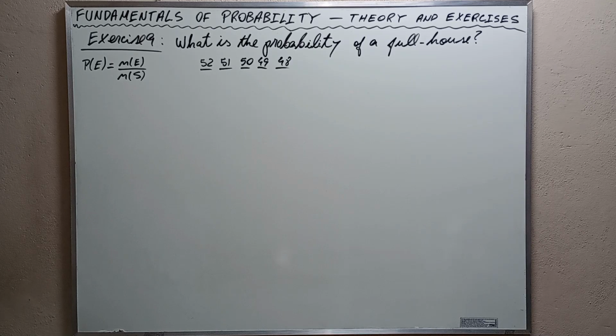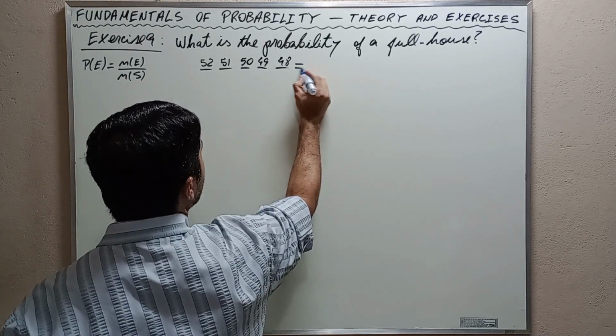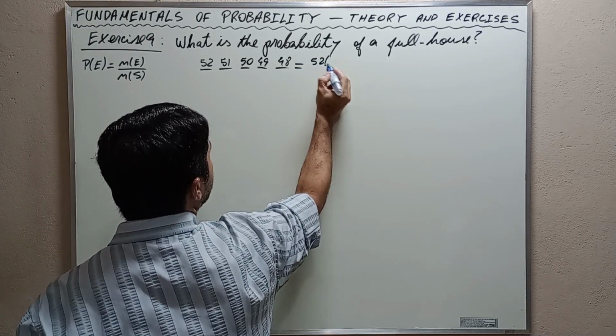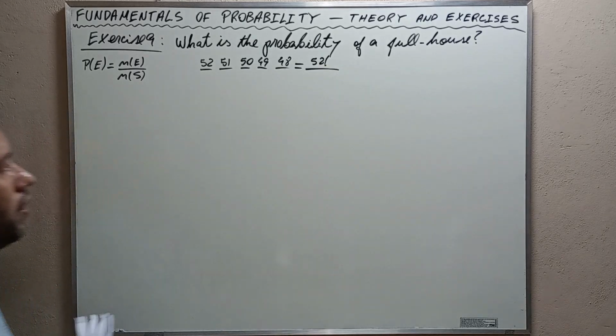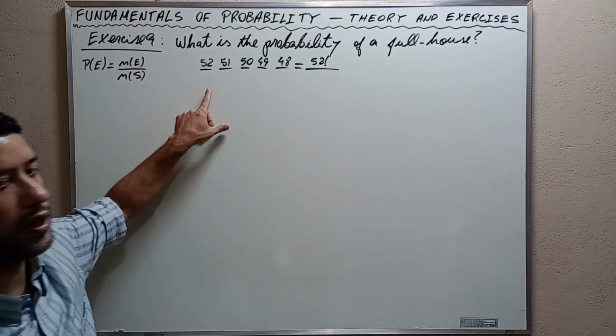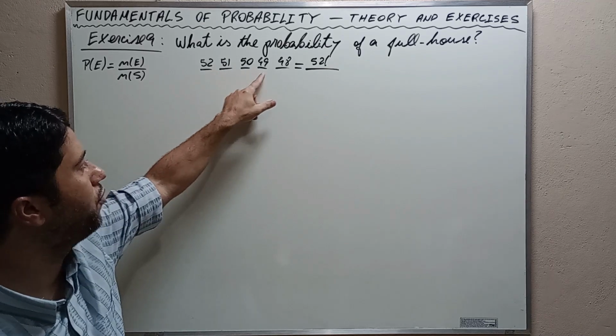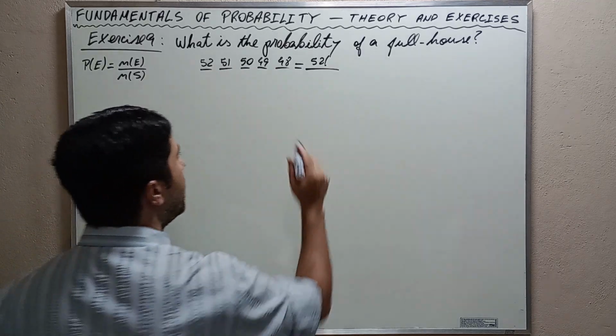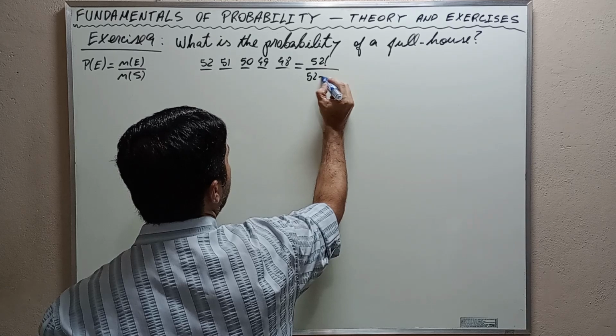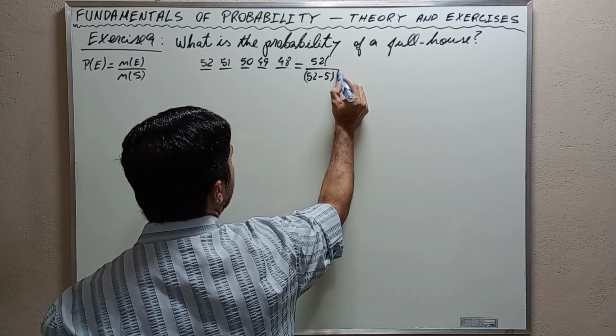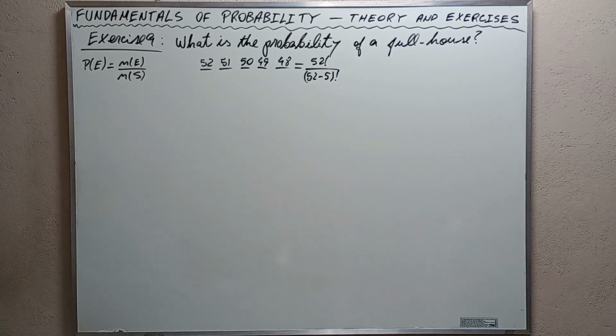And this is equal to 52 factorial divided by, how many positions do we have? 1, 2, 3, 4, 5, so divided by 52 minus 5 factorial. This is not yet the combination. We want the combination.